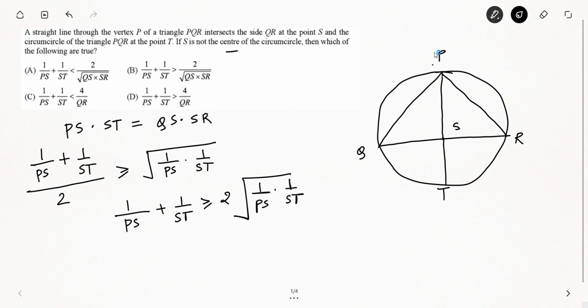From here we can replace PS into ST by QS into SR. So if I replace it, it becomes greater than or equal to twice of root under 1 upon QS into SR. So 1 upon PS plus 1 upon ST is greater than or equal to 2 into 1 by root of QS into SR. So this we can see is the second point, and this is correct.